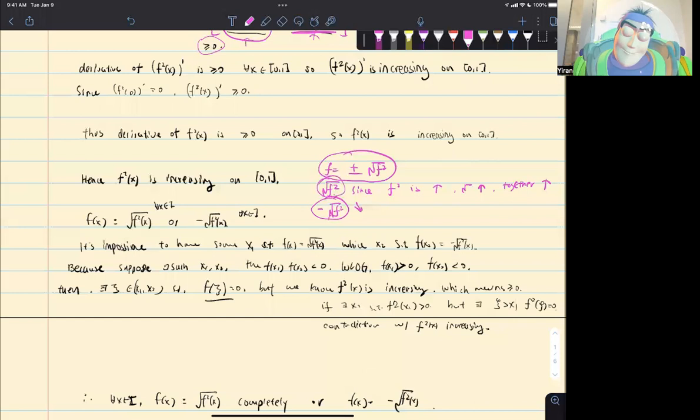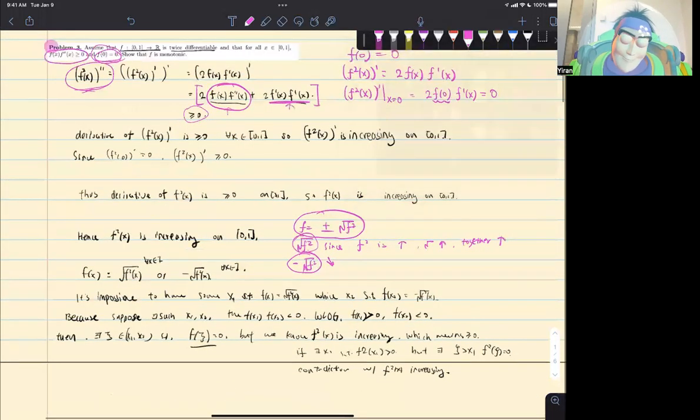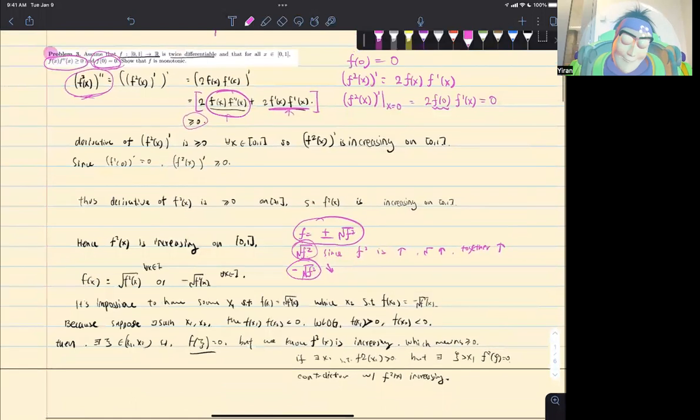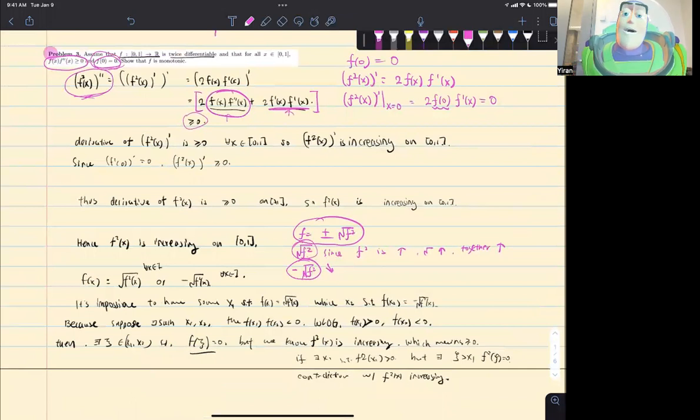Okay, so let me start explaining. We're good at explaining that the second derivative of f squared is non-negative. Therefore, the first derivative of f squared is increasing, and because the first derivative of f squared evaluated at 0 is equal to 0, for any point in the whole domain of f, which is the closed interval 0, 1, the first derivative of f squared is going to be larger than 0.